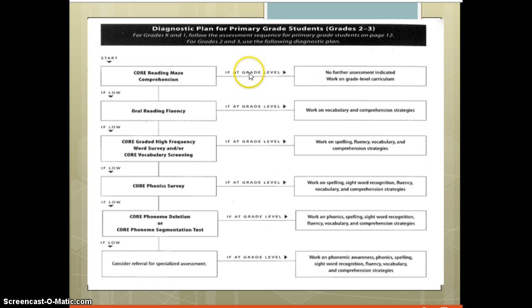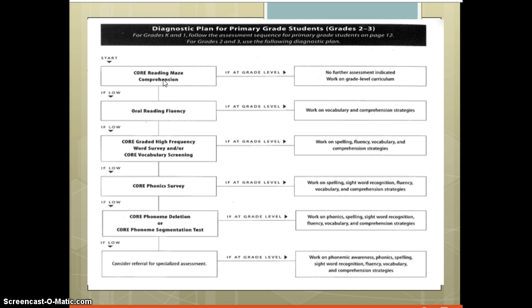And then what's neat too is as the students get a little bit older and you have other assessments that you would give, the ones on the previous page are more your earlier, more emergent reading assessments, but here, as you become a more sophisticated reader, it's nice that they tell you, start here, if low, go here, and you keep going down until you dig.